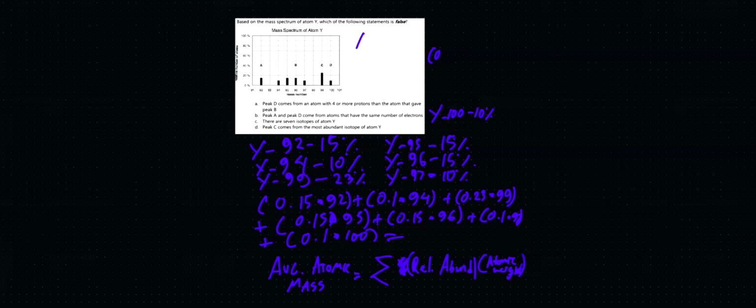So now let's do a problem from here. It says, based on the mass spectrum of atom Y, which of the following is false? So here you have the problem I just showed. A lists: peak D comes from an atom with 4 or more protons than the atom that gave peak B. You can see peak D is Y100, and peak B would be Y96.